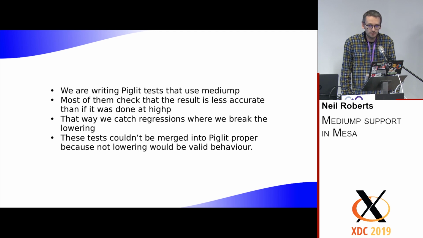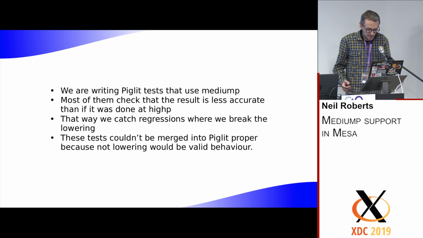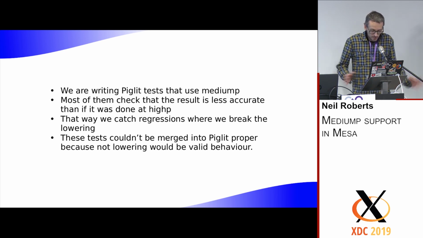That way, when we make some changes to the pass, if it ends up accidentally disabling the lower precision, then we'll notice the regression. But obviously, these Piglit tests can't be merged into Piglit master because a valid implementation is actually just to do everything at high precision. So it is valid for these tests to fail for that reason. But just in terms of development, it's useful.